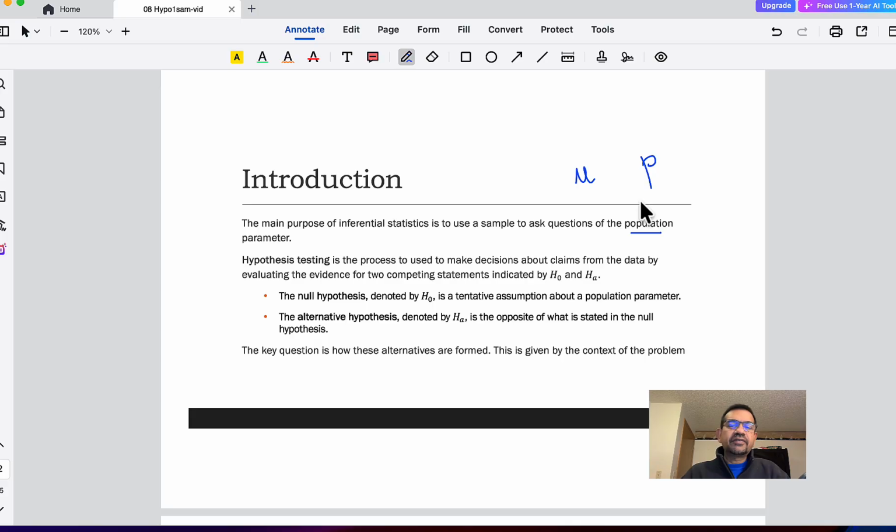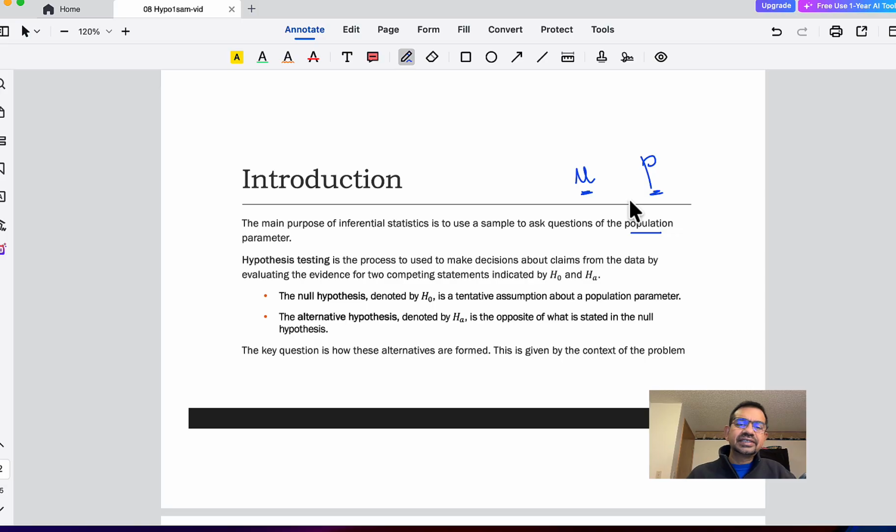Again, we do not have access to the population parameters. So we are conducting tests from the sample statistic, whether it's sample mean or sample proportion, to draw conclusions about the population mean or the population proportion.